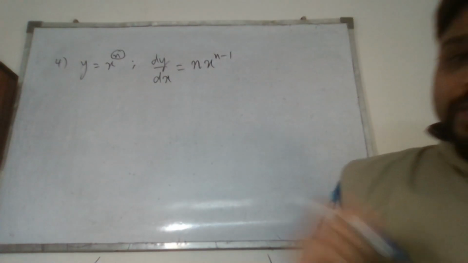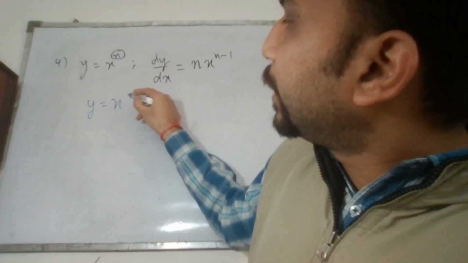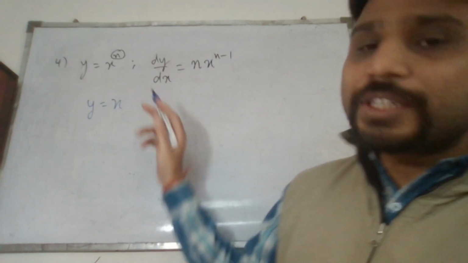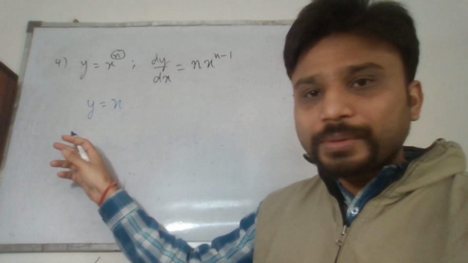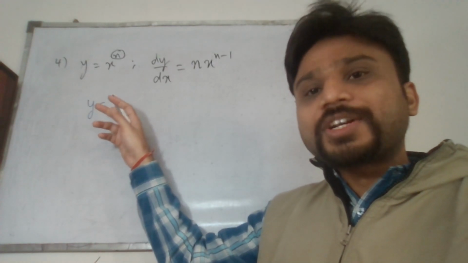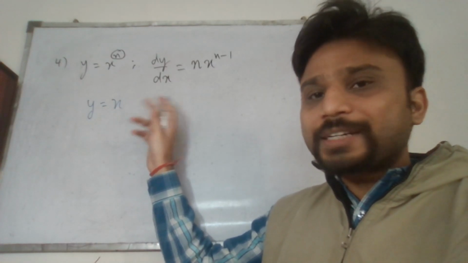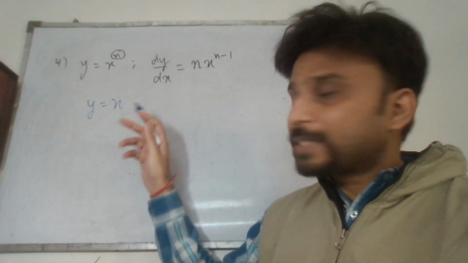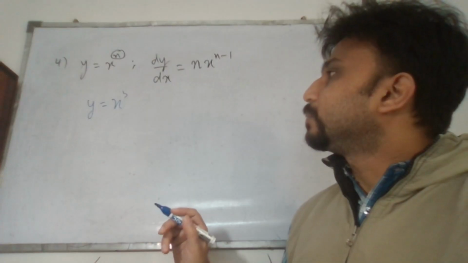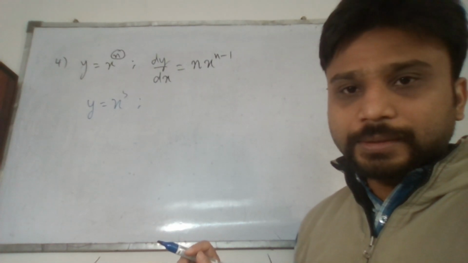I'll demonstrate it once more. Like we did the differentiation of y equal to x square: 2 came to the side, that is in the coefficient, and my power reduced by 1. So it became 2 minus 1, that is 1 only. So it became 2x. Similarly, if y is equal to x cube, I am taking.